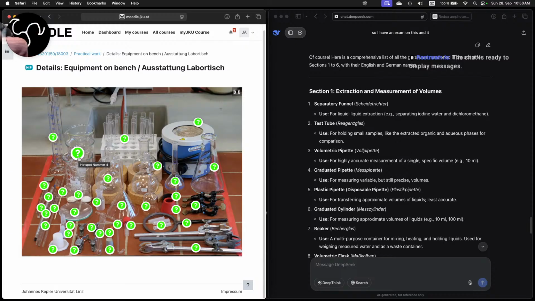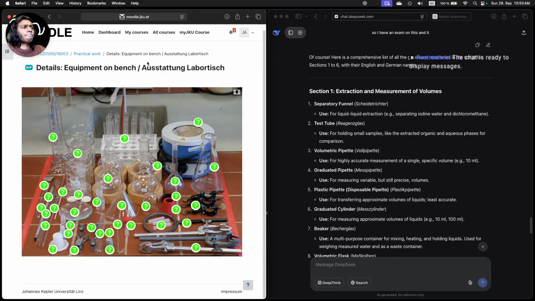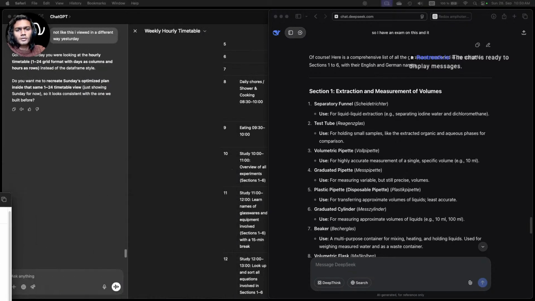That's it? These are all the equipment? No way. I do remember seeing some equipment in the cupboard.